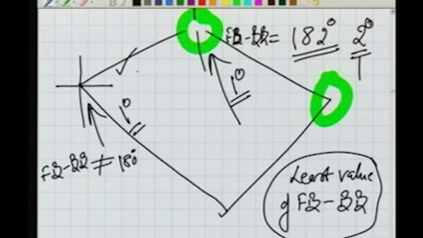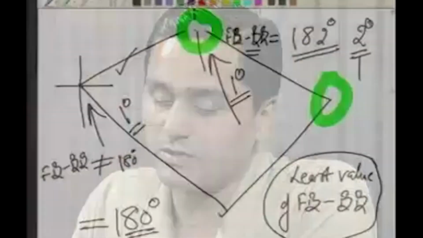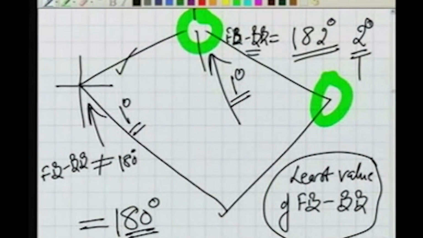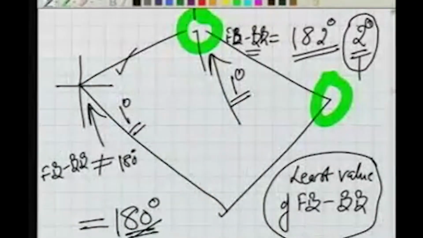Now the difference of these fore bearing and back bearing will come out to be 180. Because of course we need to take into account the proper sign, because our aim is we want to make the difference in fore bearing and back bearing of line, whatever this line is, 180. And we know it is not so by 2 degrees.